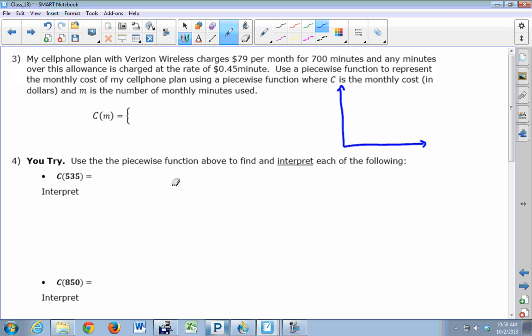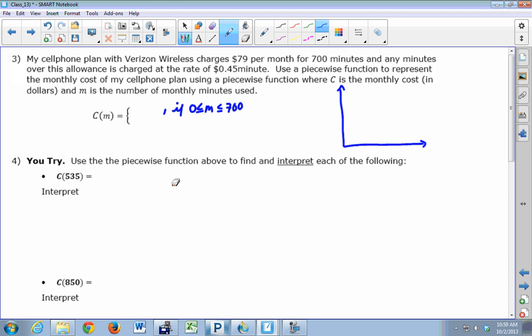I could start there with, I can say if m, because that's my independent variable, is less than or equal to 700. So I read that left to right. M is less than or equal to 700. Now I'm going to go to the middle and say if m, and I'm going to read right to left, if m is greater than or equal to 0.